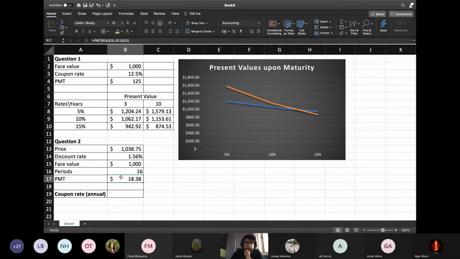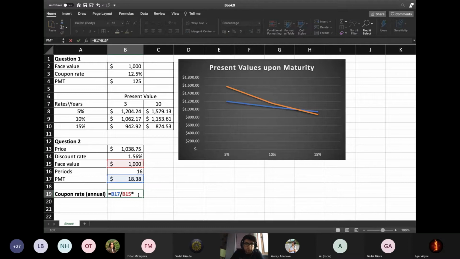We divide payment by face value. Let's make it together. PMT divided by face value. And this one we are finding here is the quarterly coupon payment. But the question is asking for annual coupon rate.